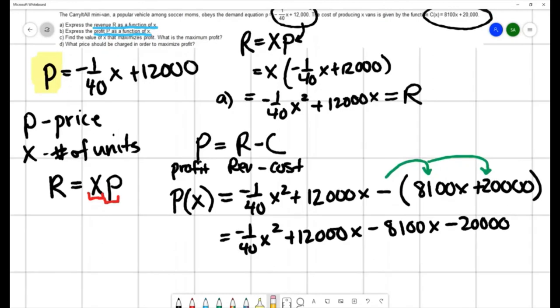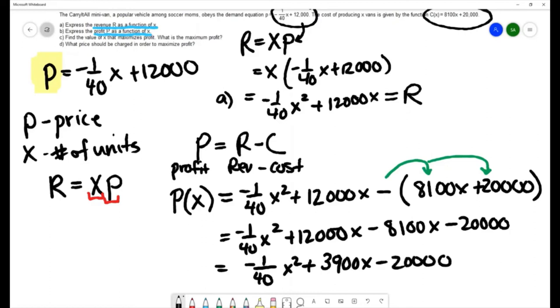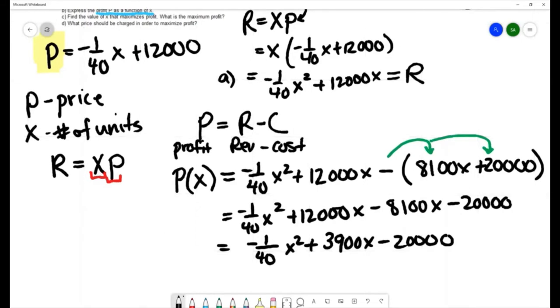We want to do 12,000 minus 8,100, and that gives me 3,900x. I'm going to carry down this negative 1/40 x squared. And I also need to carry down that minus 20,000. So this gives me my answer to part B, which is the profit.